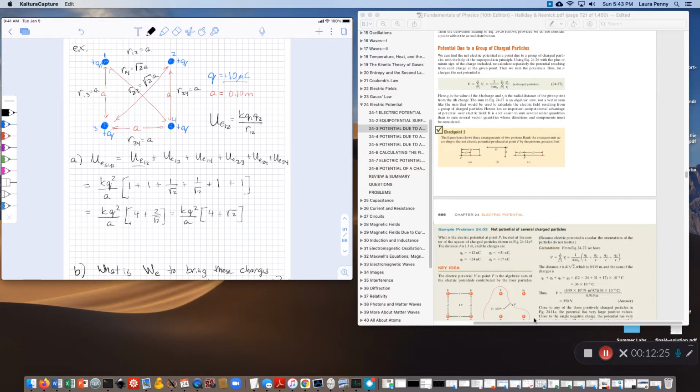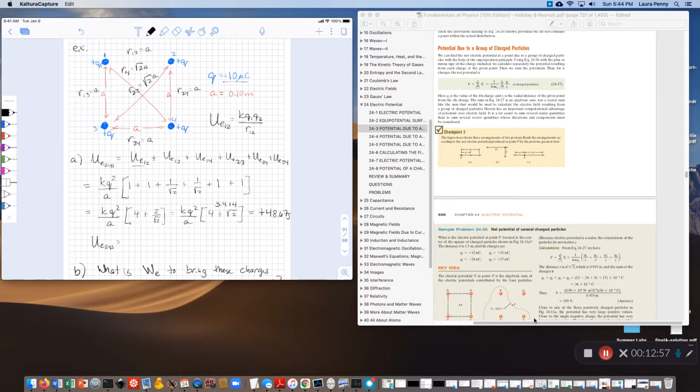And so I can get that number. 4 plus the square root of 2 is 5.414, times 8.99 times 10 to the 9, times 10 microcoulombs squared, divided by 0.1. And so this ends up being a positive 48.67 joules.